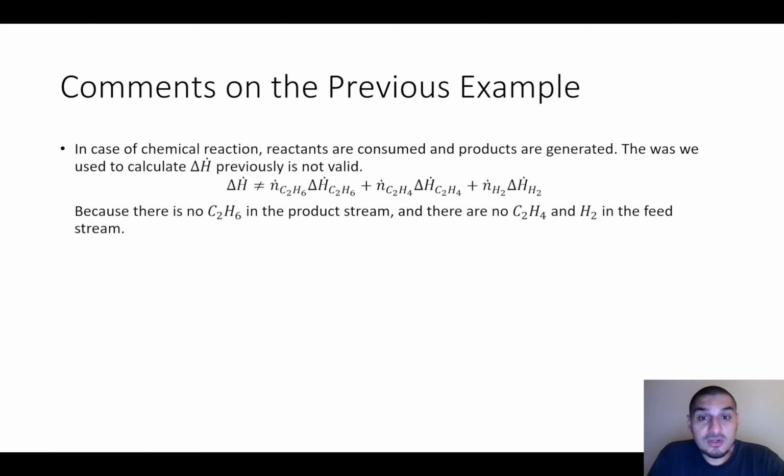In our case, we cannot apply this equation because we have no C2H6 in the product, and we have no ethylene or hydrogen in the feed. So when I say delta h of ethane, it's ethane in the product, which is not there, minus that in the feed. And for C2H4, it's the enthalpy of C2H4 in the product minus that in the feed, which is not there. So I cannot apply this equation anymore because this is a reactive system.